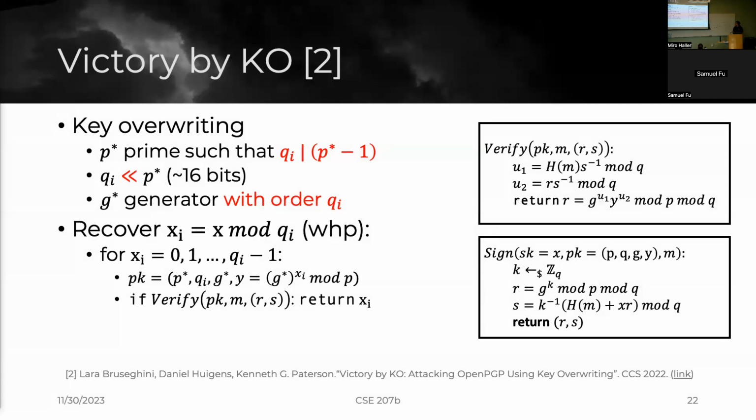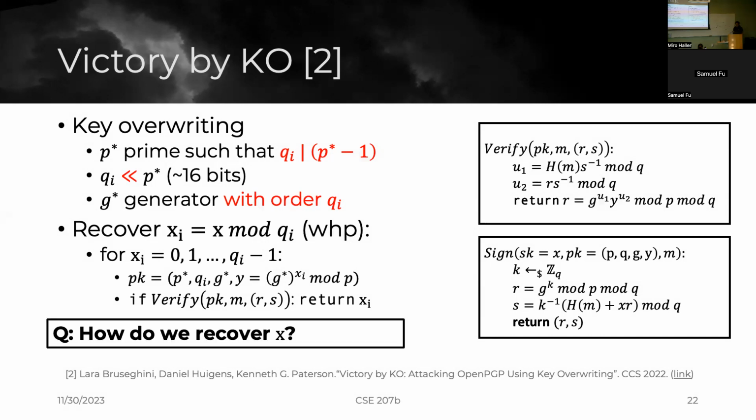But for invalid values of the secret key, there's a very high probability that this check will not succeed. So basically what we're doing is we're trying all possible values from 0 to Q_i. And if the verification succeeds, we know that this is with a high probability our secret key mod Q_i.